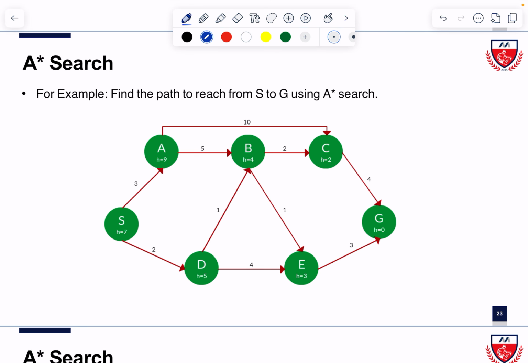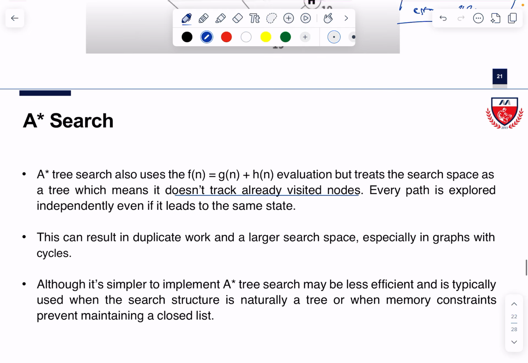As mentioned earlier, we have an estimated cost of 7 here, but in A-star search, we have g of n, this one. g of n is the actual cost from the initial state to the state at the current node.